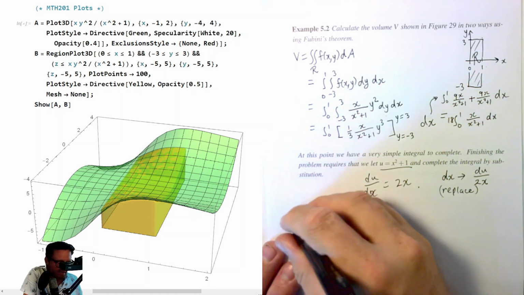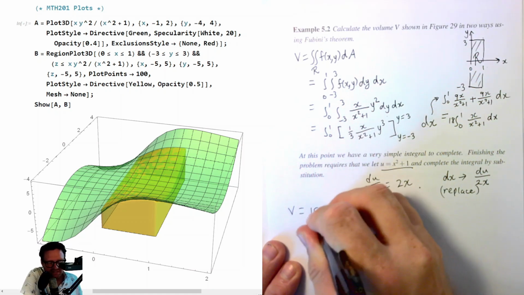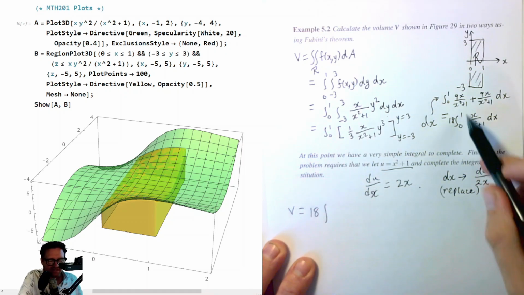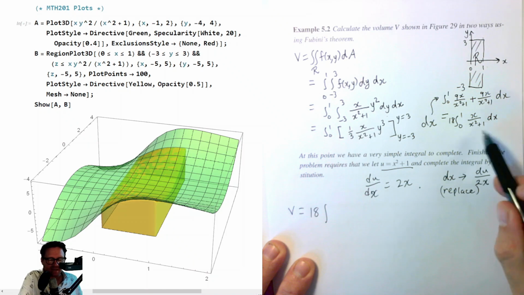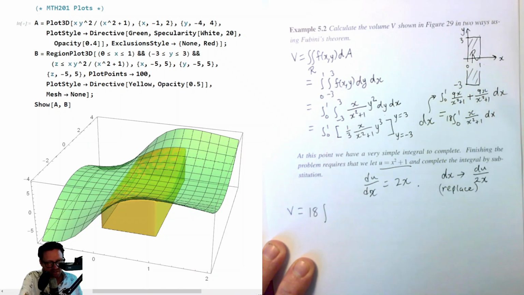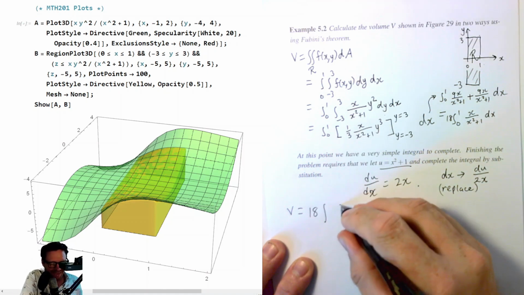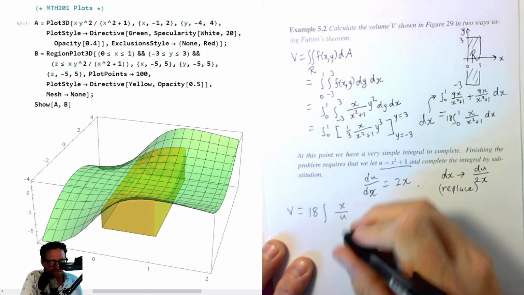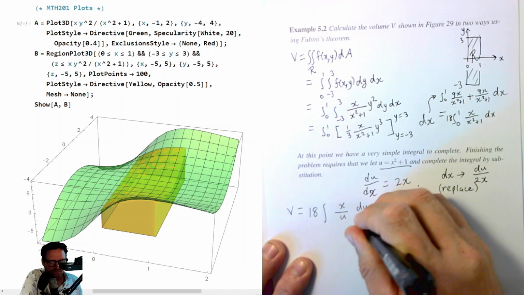So what we have then is that the volume is 18 times the integral from 0 to 1 with respect to x of x over u, right? But as soon as we make this replacement here, we've got to change the bounds of integration also. So we have x over u, and then replacing dx with du on 2x.